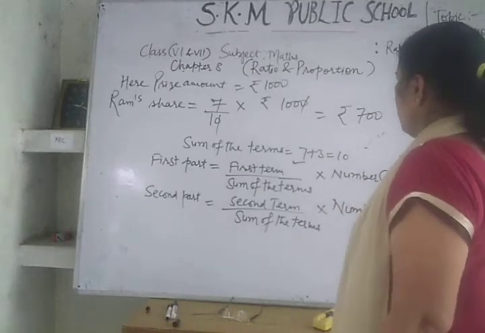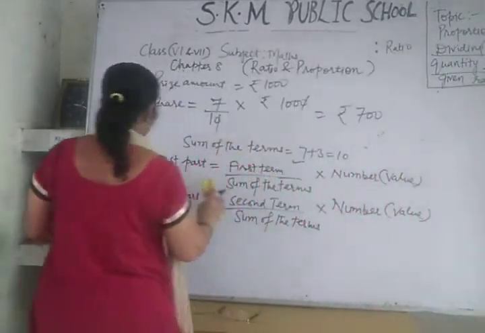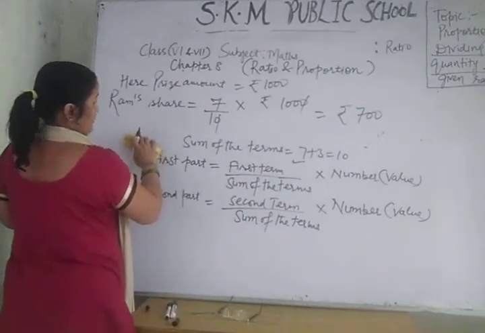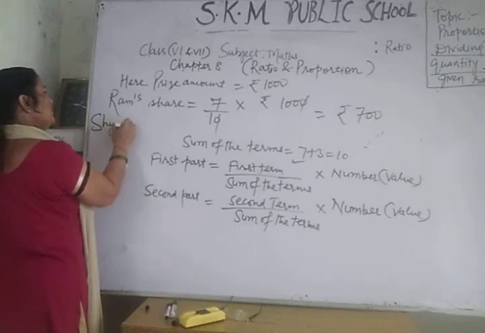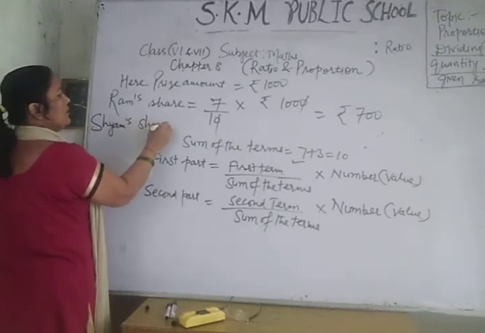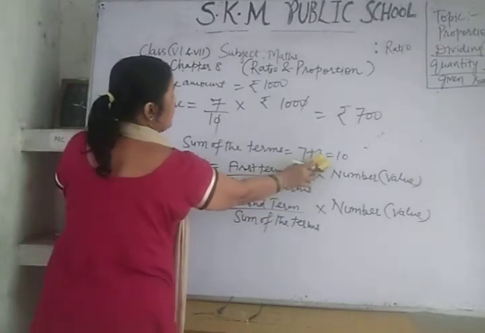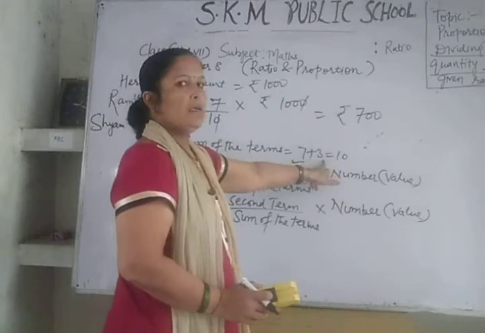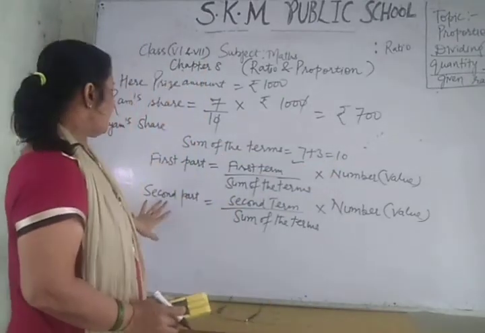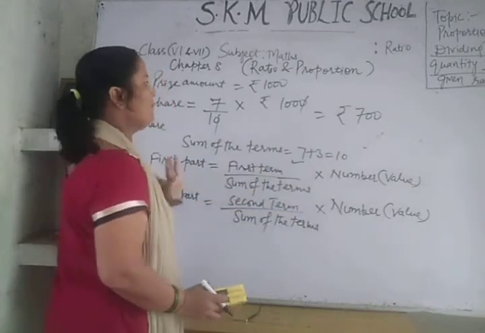Ram's share will be rupees 700. Then the other person is the second part, Shyam's share. His share will be the second term. If 3 persons are there, take the next: the third part will be the third term divided by the sum of the terms into the number or value.